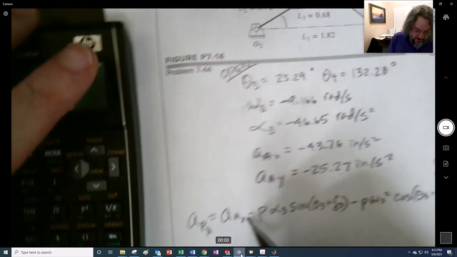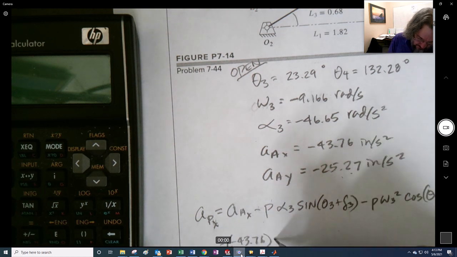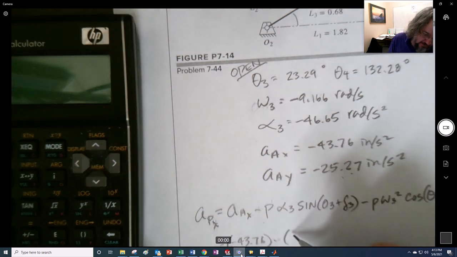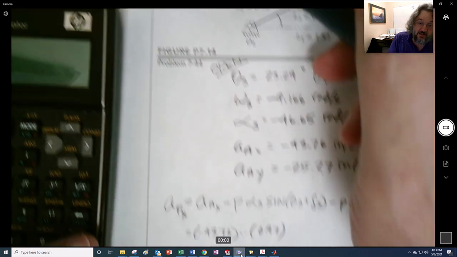Get the calculator out, and we have negative 43.76 minus 0.97, which is our P, because that's it right there.